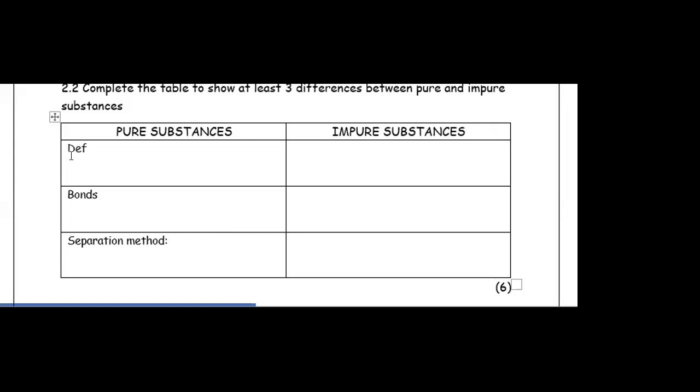So first of all, the definition of a pure substance is that it is made up of elements and compounds. Elements and compounds are pure substances.